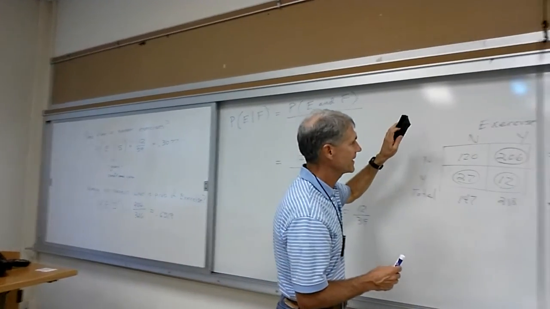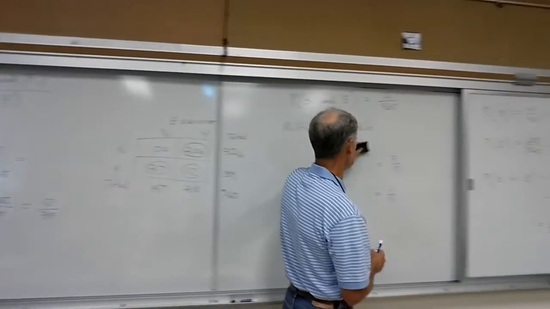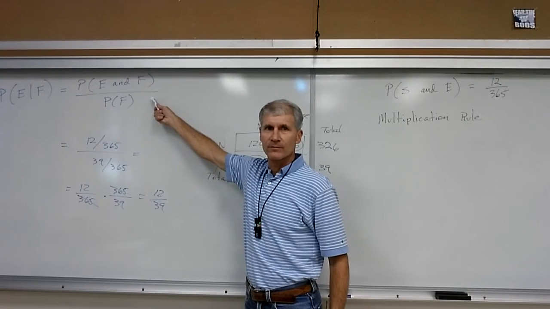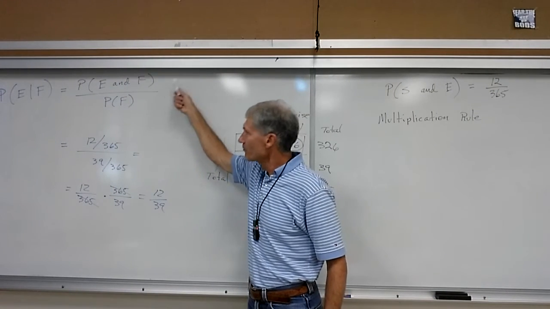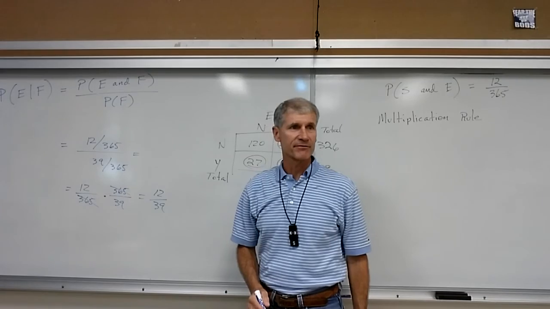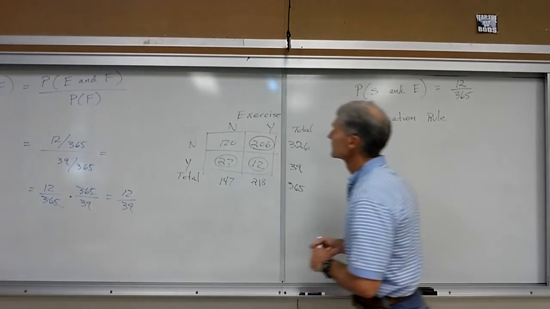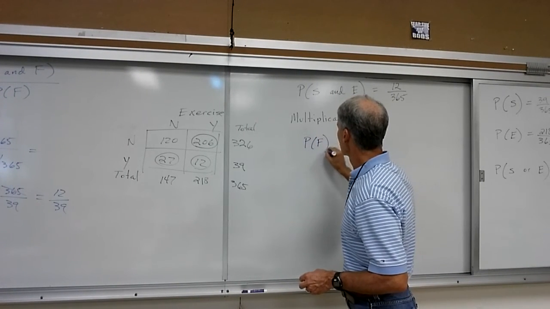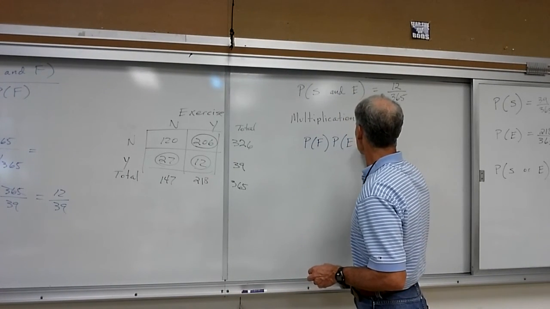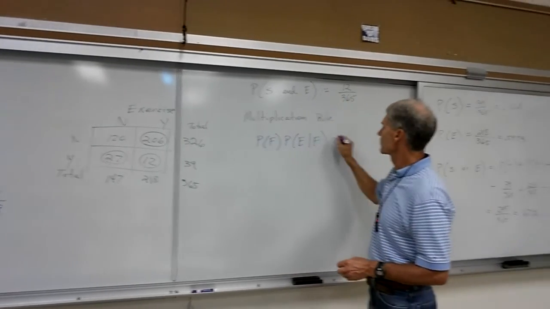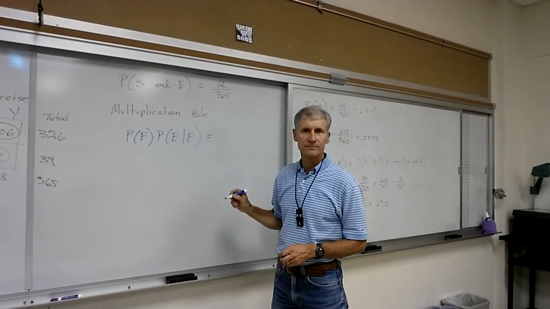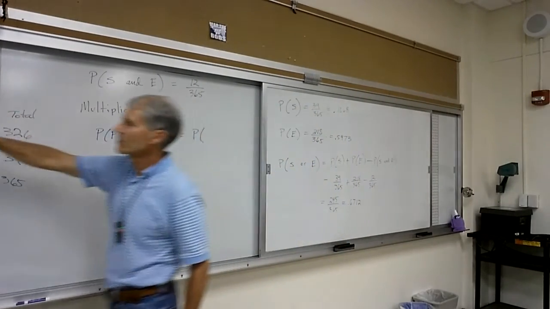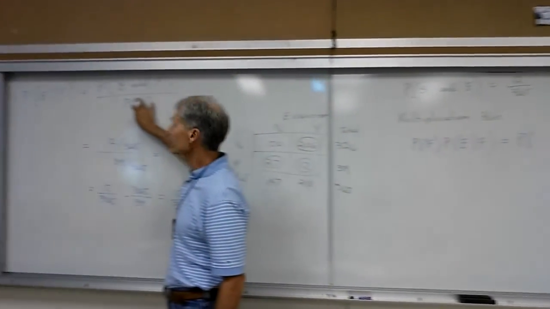Okay, now, let's come over here to the multiplication rule. Take this rule, the definition of conditional probability, and multiply through by the probability of F. You get the probability of F times the probability of E given F equals what? I multiply through by the probability of F. Right?